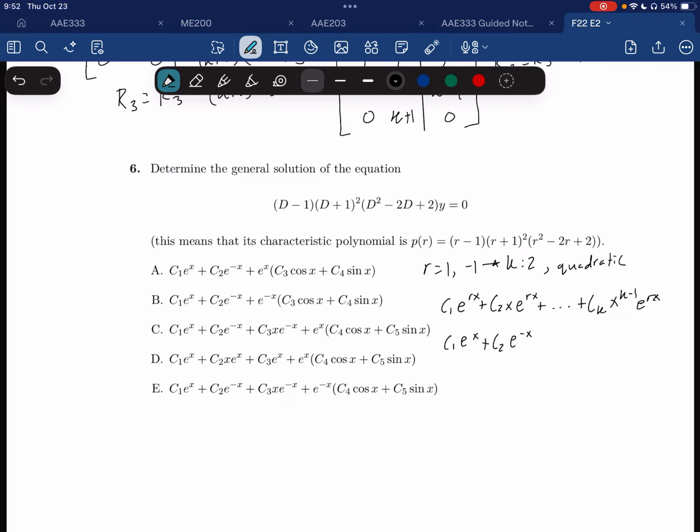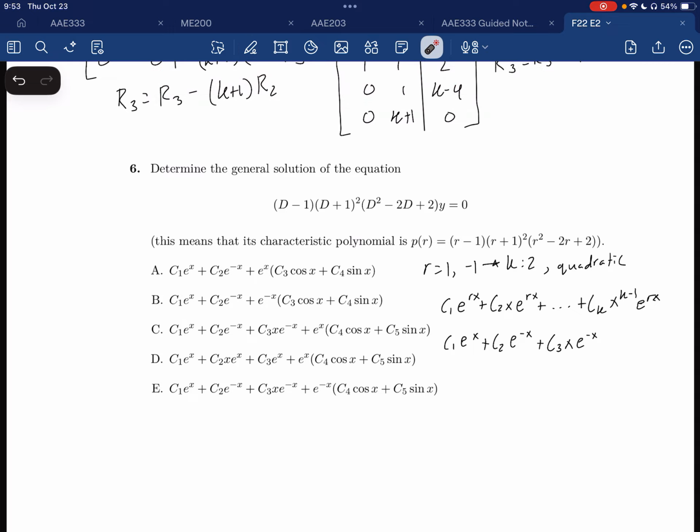Since you have it twice, with a multiplicity of 2, we're going to multiply this by x because we have two of them. Whenever you have a multiplicity, you multiply that term by x to the multiplicity minus 1. That's what this denotes right here.